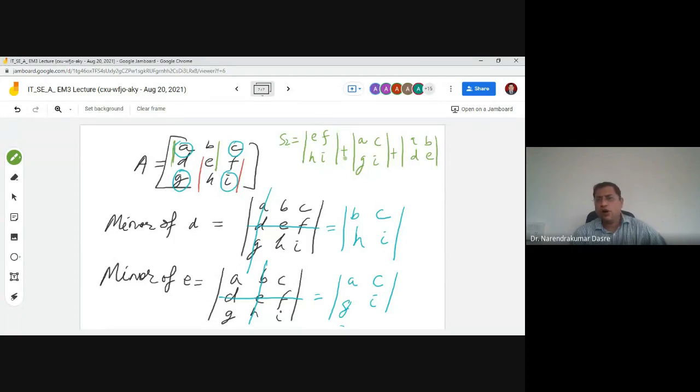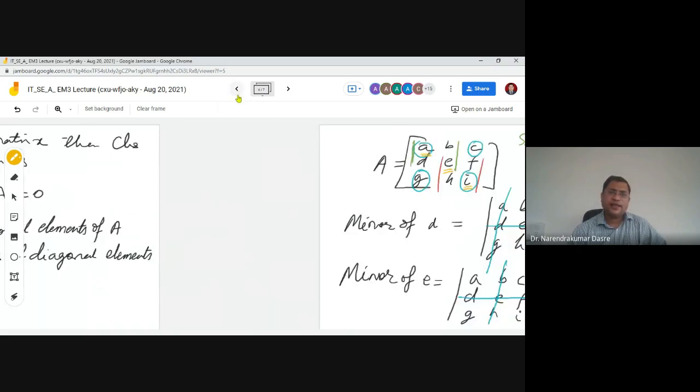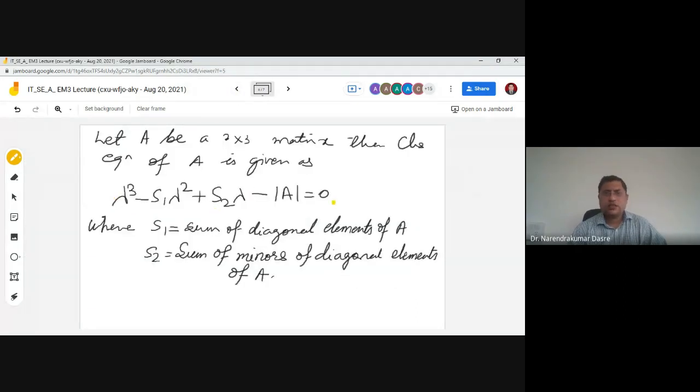It is the sum of the minor of A, the minor of E, and the minor of I. If we add these three, then we have S2. So this is the shortcut.